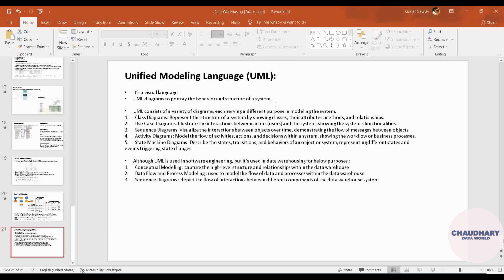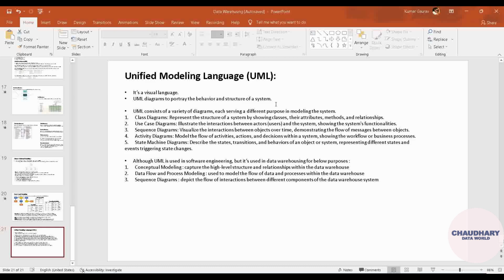This is because a developer is a technical person, right? But for a business person, it is very difficult to understand all those technical concepts and the technical language which is used for constructing the model.